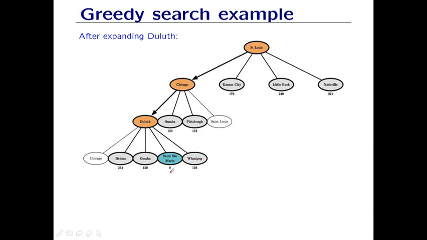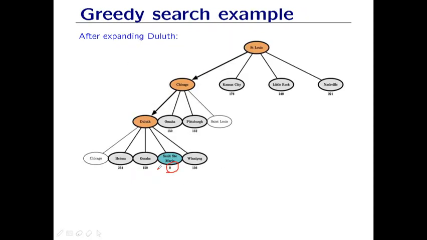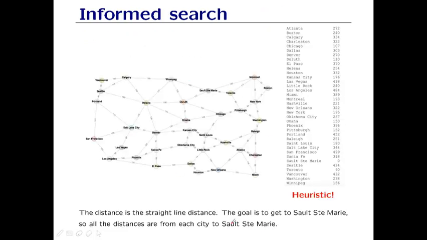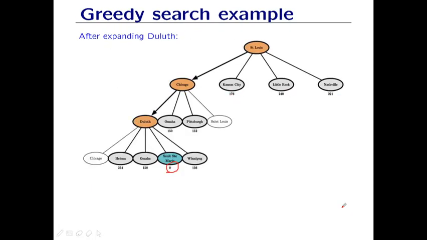So we select the node with the smallest heuristic number, that is Sault Ste. Marie, and you have reached your goal. They told you that your goal is to get to Sault Ste. Marie, and you have reached it. So this is how the greedy best first search algorithm works.